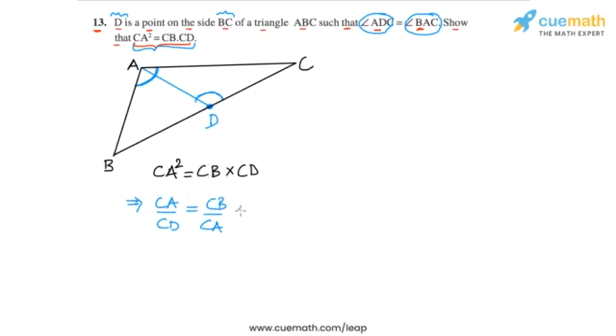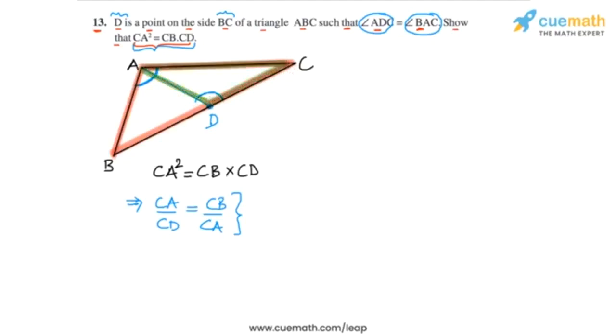And what this now says in this form is that if you consider the two triangles ABC and ADC, let me highlight these two triangles for you. I'm going to take triangle BAC, this triangle, and triangle ADC. I'm trying to match the order of the vertices. So the second triangle I'm taking is triangle ADC.